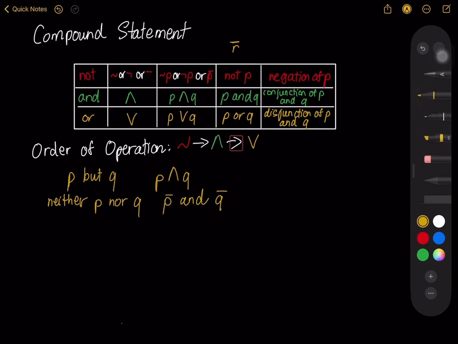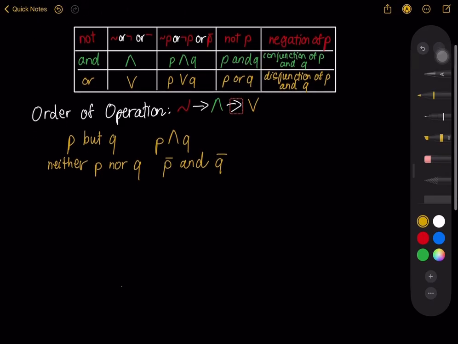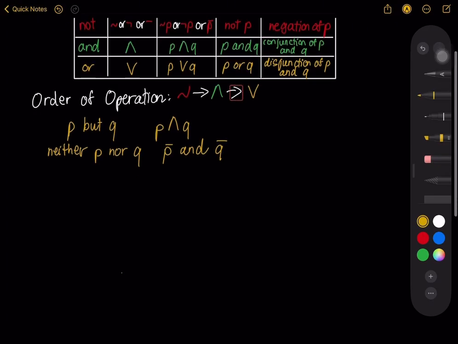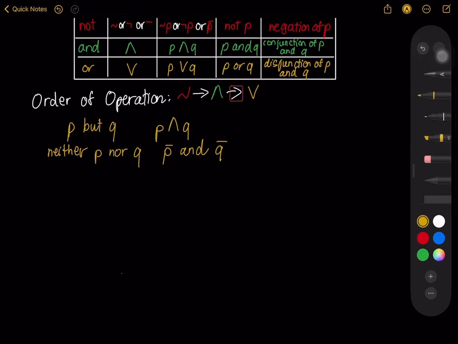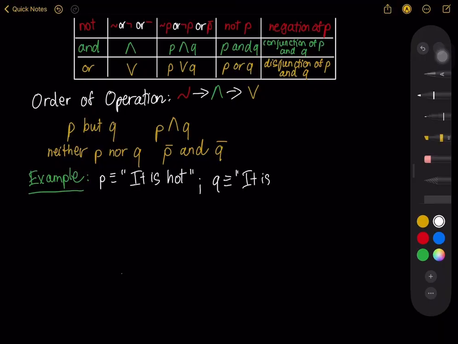All right, let's do some examples. Let P be, it is hot, and Q be, it is sunny.